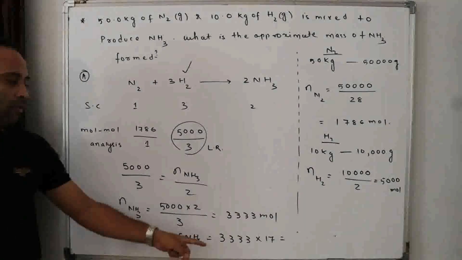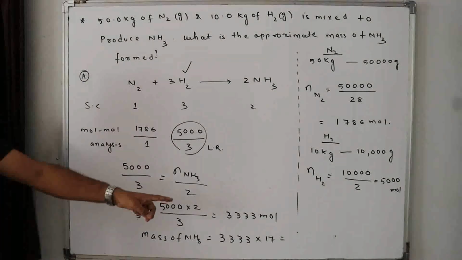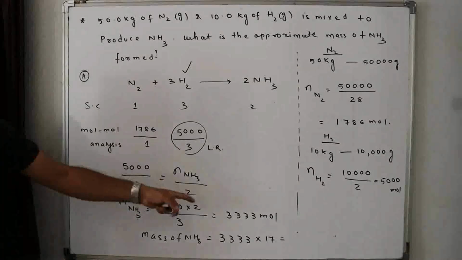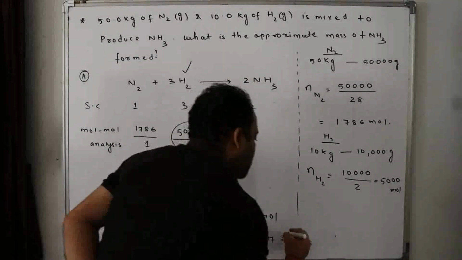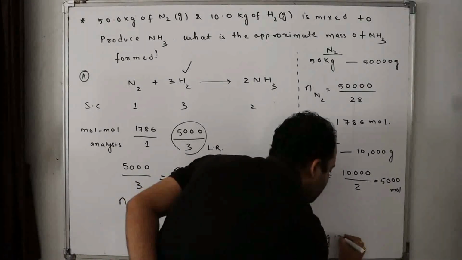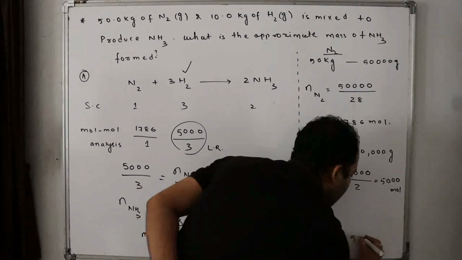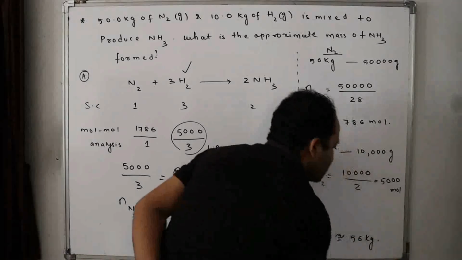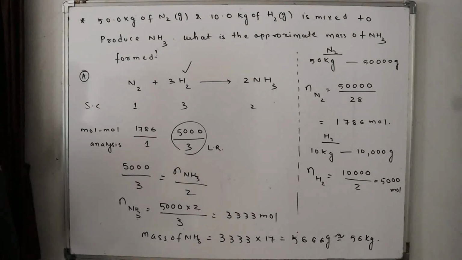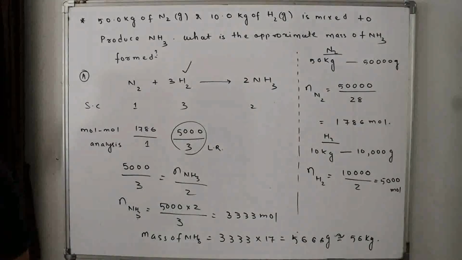So 17 into 3333 grams. It comes approximately how much? Please calculate and tell me. It is 56666 grams, or approximately 56 kg. Done? Easy? Copy this. Let us go for one more question.